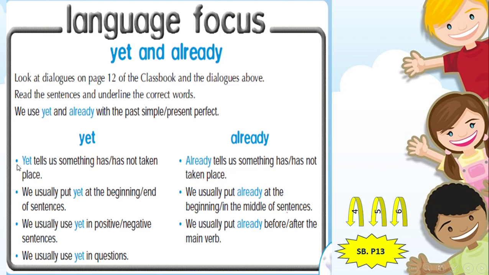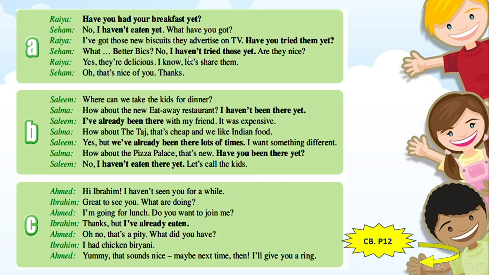Let's start with this, students. Yet tells us something has or hasn't taken place. What is the correct thing to say? Is it correct to say that yet tells us something has happened or hasn't happened? Let us look at the dialogues and discover that.